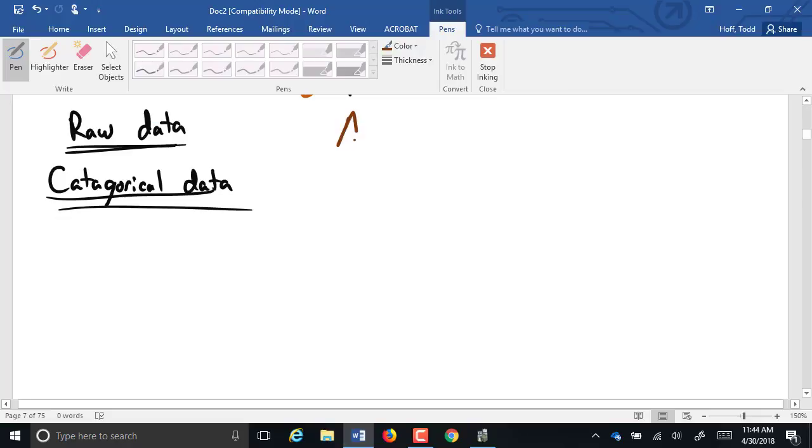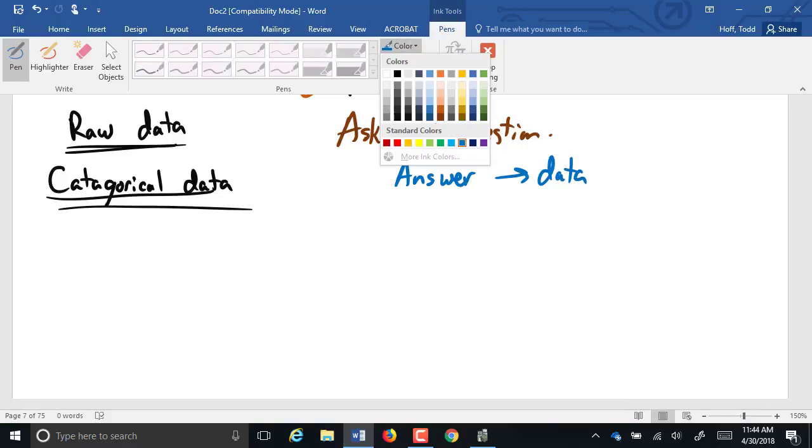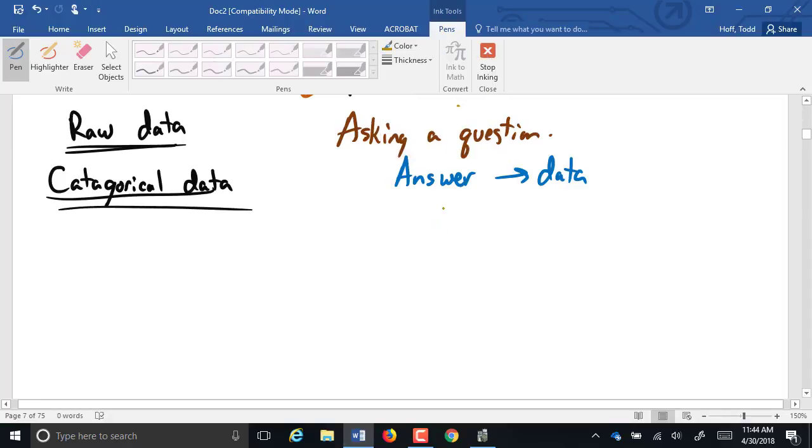Data is about asking a question. And the answer to that question is our data. And that data can take a couple of different forms. One form it could take is categorical.